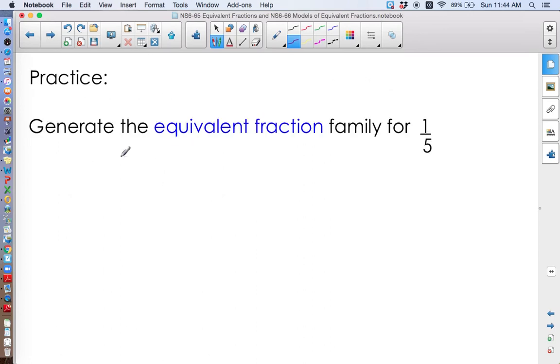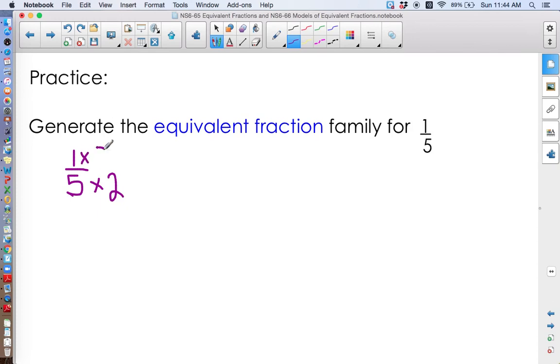Let's find some equivalent fractions for 1/5. I want you to pause the video right now and come up with some fractions for 1/5. I will start you off. I'm going to multiply 5 by 2. And whatever I do to the bottom, I must do to the top.